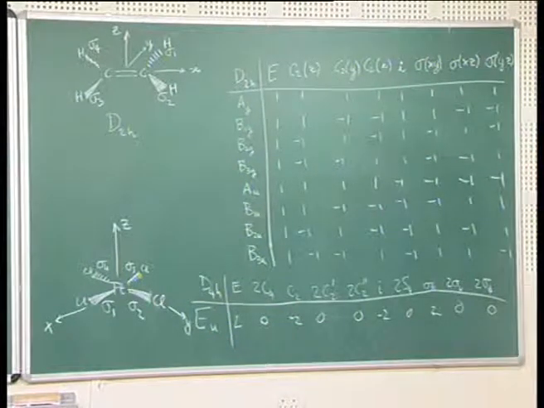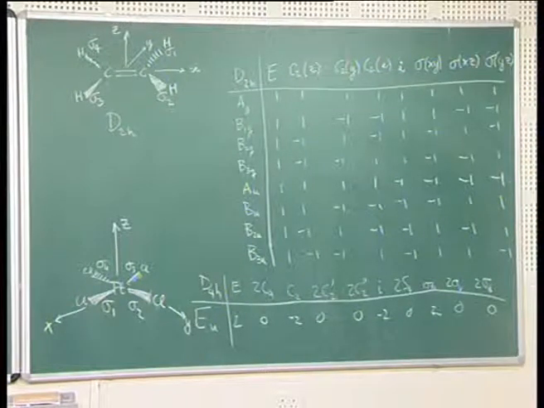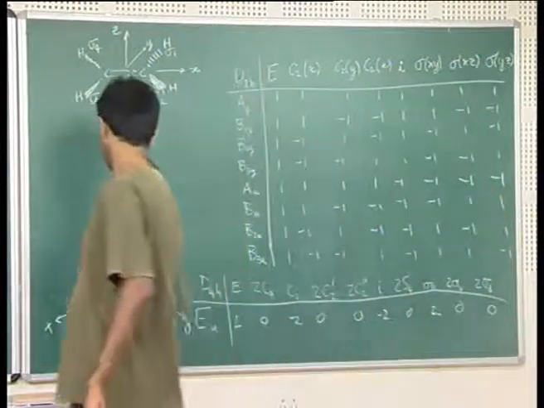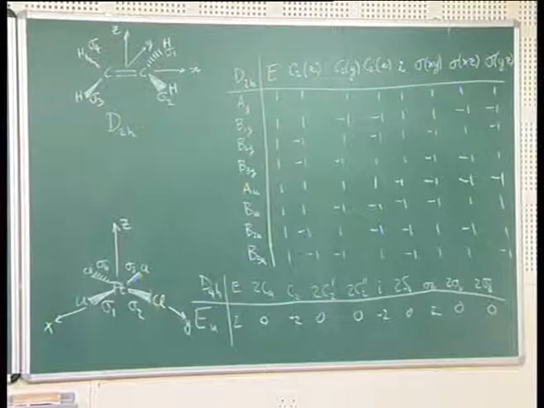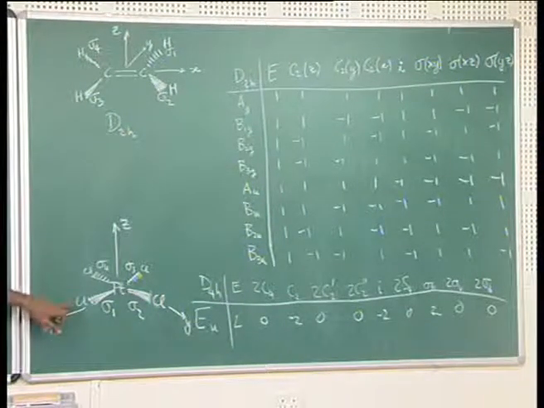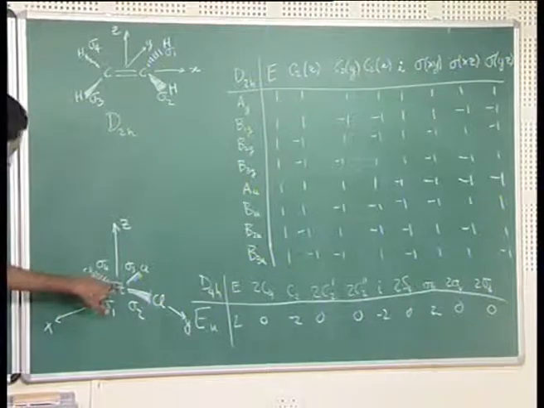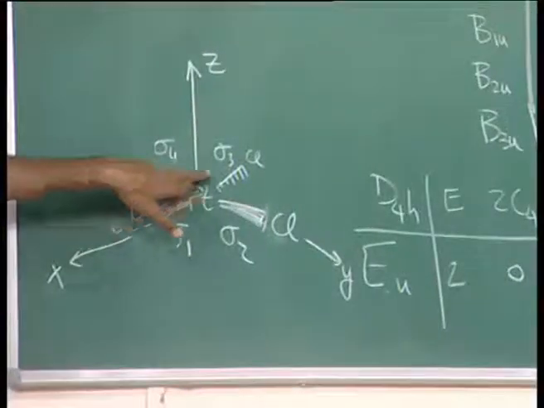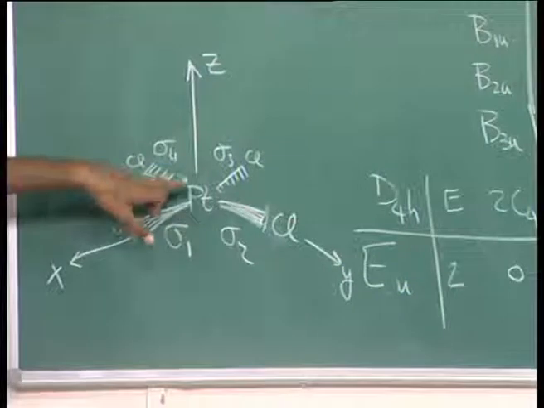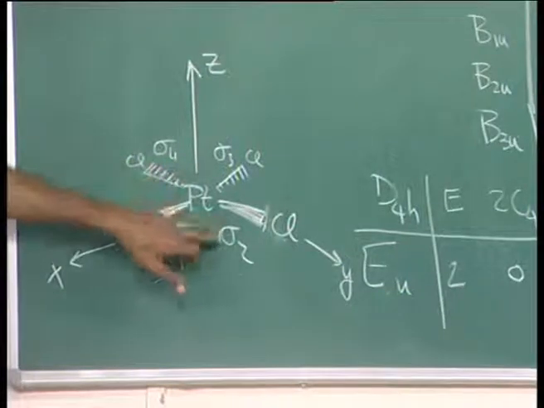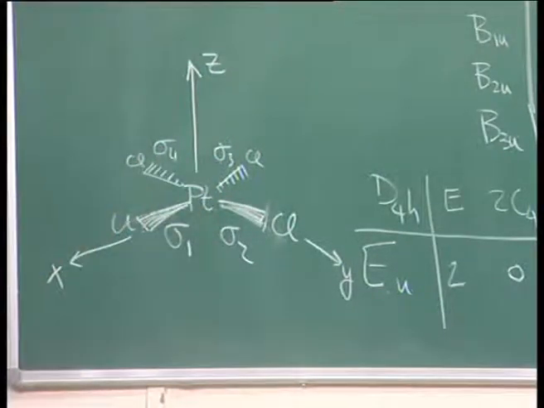Eu. Okay, and what we want to do is the same thing we did last time. We want to construct a suitable basis for Eu using sigma 1, sigma 2, sigma 3, and sigma 4. So we'll use the four orbitals of sigma 1, sigma 2, sigma 3, and sigma 4, and we'll construct a suitable basis for Eu.